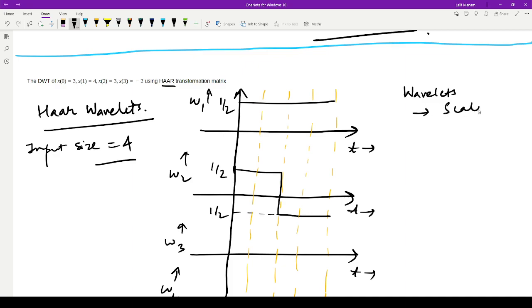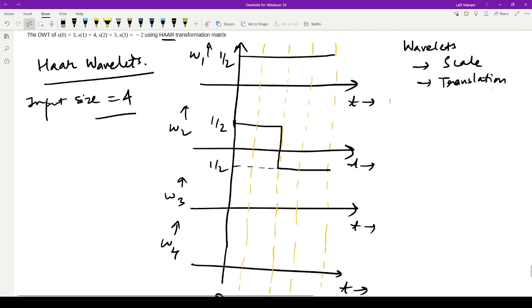Yeah, frequency is scale, and the other one is time. Time shift is translation. That is the terminology being used in the lectures.